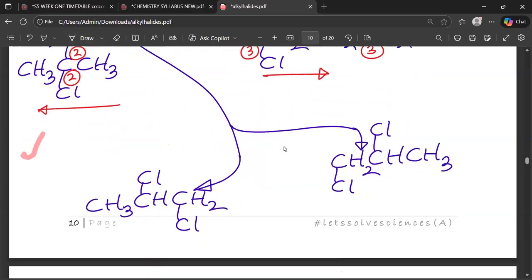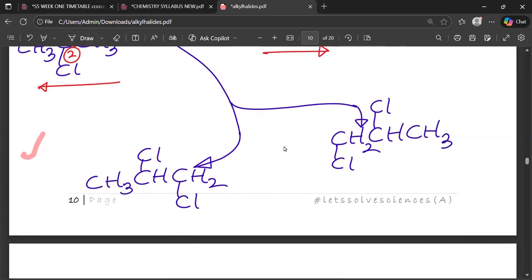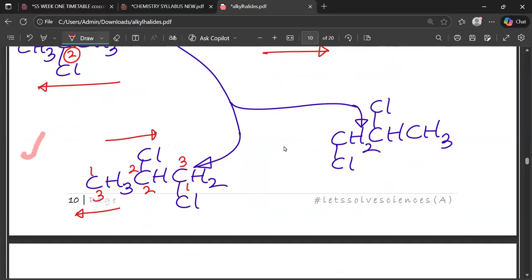Then these last ones, when I follow this direction, it is 2, 3. When I follow the other direction, it is 1, 2, 3. You get?